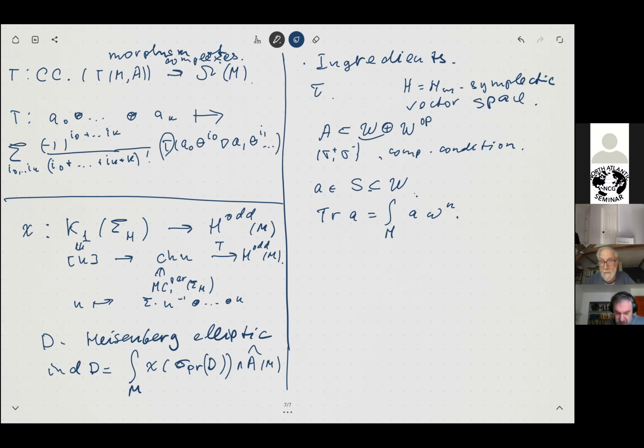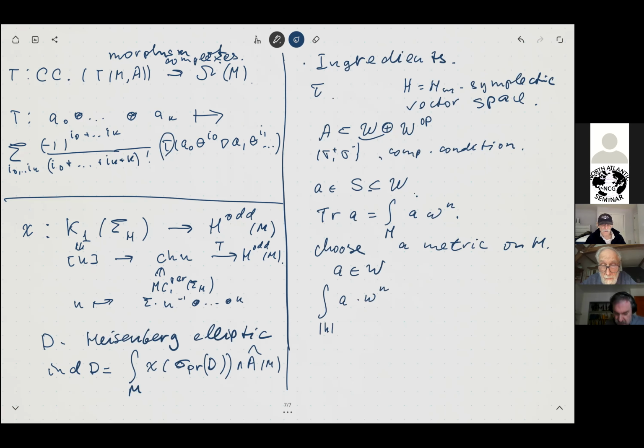Choose some metric on H. If A is now an element of W, compute the same integral, but now over the ball of radius R. Due to the asymptotic expansion of A, you will get some polynomial in R, then you may have a log term, and then something which remains bounded.